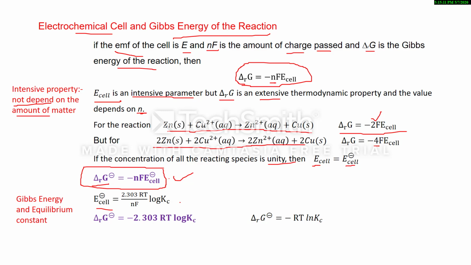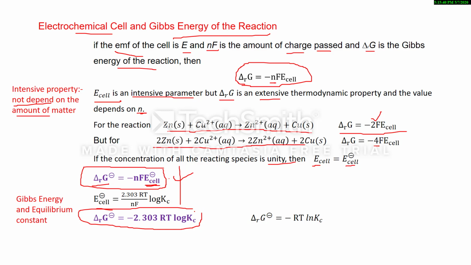If we compare these two, and put in the value of E standard cell, then we will get this. Is it clear? Remember this formula again: delta G standard is equal to minus 2.303 RT log Kc.